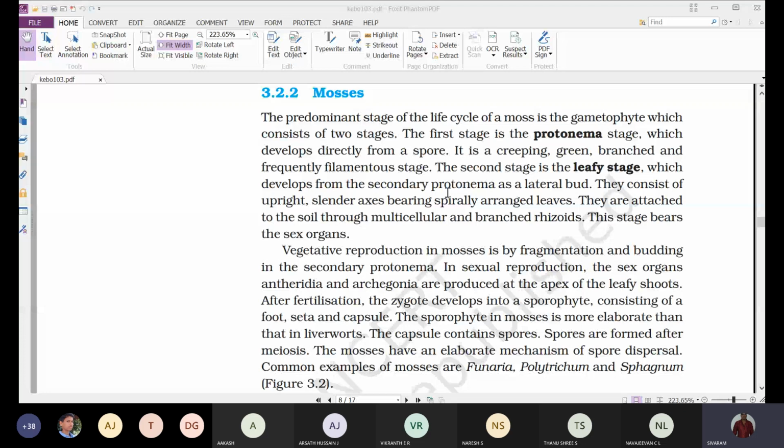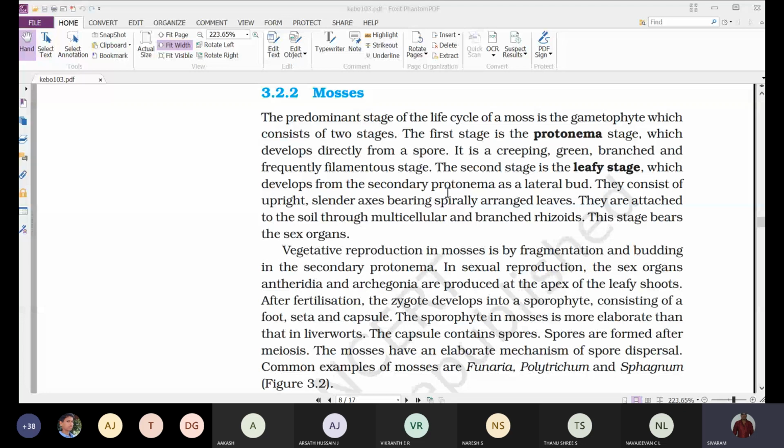That means it grows flat on the surface of the soil, and is green in color, photosynthetic, branching like in two rows, as in liverworts. We will observe certain branching structures, and it consists of a filamentous structure. That is the primary stage, the first stage, which we call the protonema stage.